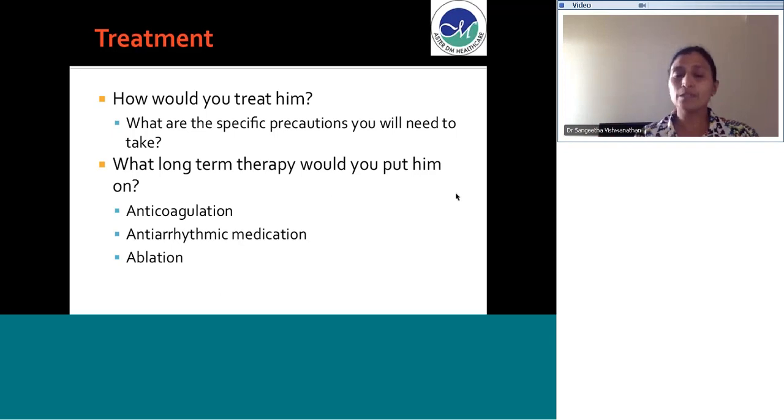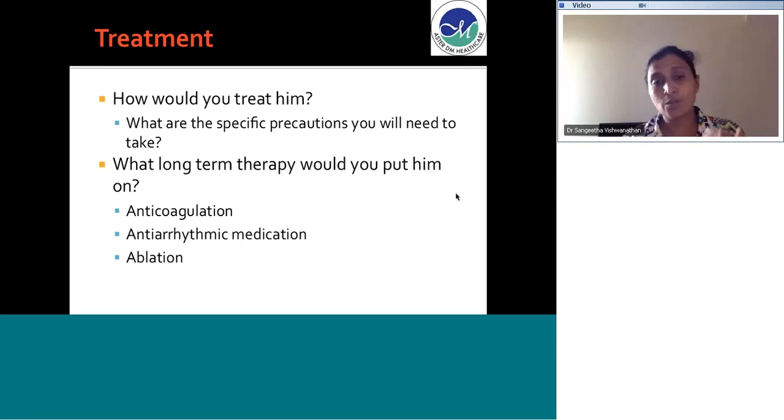But long-term therapy, I would probably continue this patient on long-term anticoagulation. Perhaps if he stays in sinus rhythm on monitoring later on, we can consider taking him off it if it's creating a huge problem in terms of his quality of life.